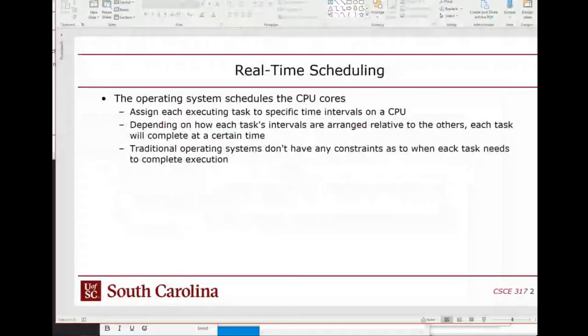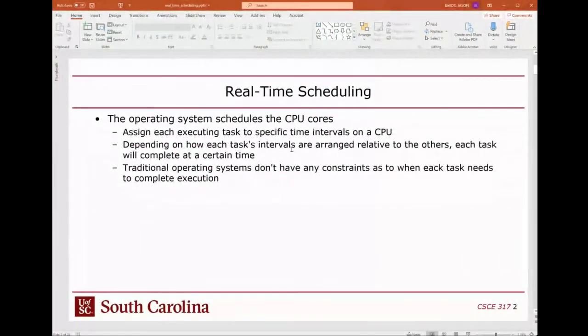Okay, so real-time scheduling. The operating system manages system resources, including the CPU cores, but this is about scheduling in particular. So what does scheduling mean? It means that the operating system will assign each of the tasks that are currently executing to specific time intervals on the CPU, or on all the CPUs if you have multiple CPUs, as most machines have these days, although not necessarily cyber-physical system CPUs.